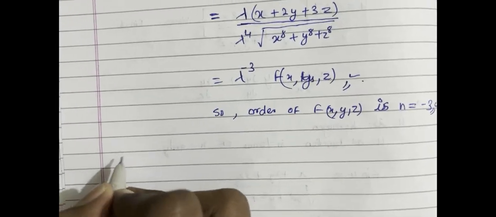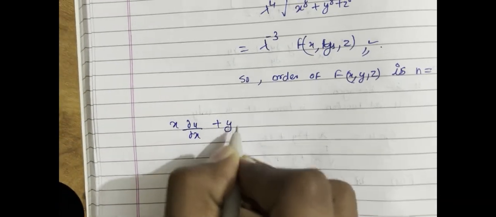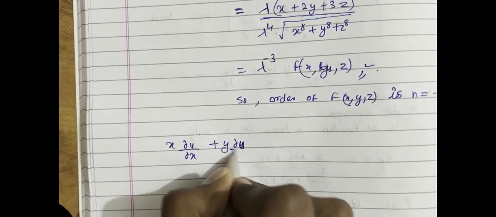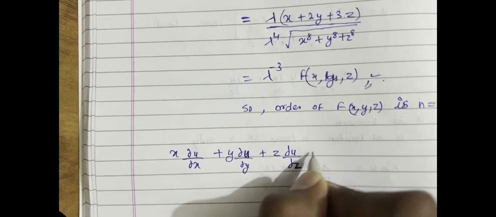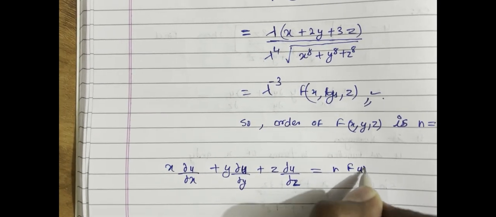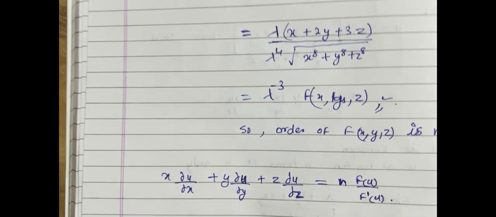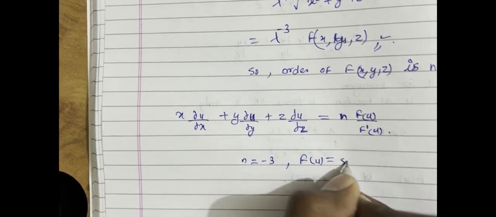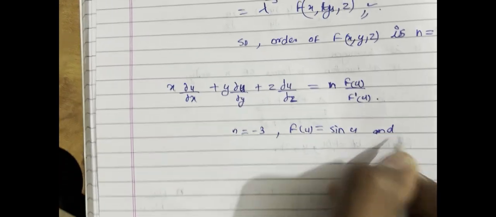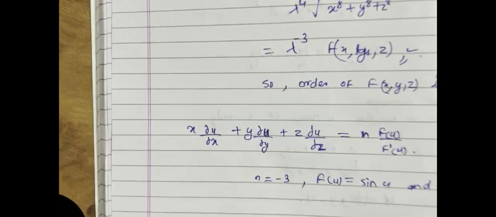Now according to the corollary, x ∂u/∂x plus y ∂u/∂y plus z ∂u/∂z is equal to n into f of u by f dash of u. n is equal to minus 3, f of u is equal to sin u, and f dash of u is equal to cos u.